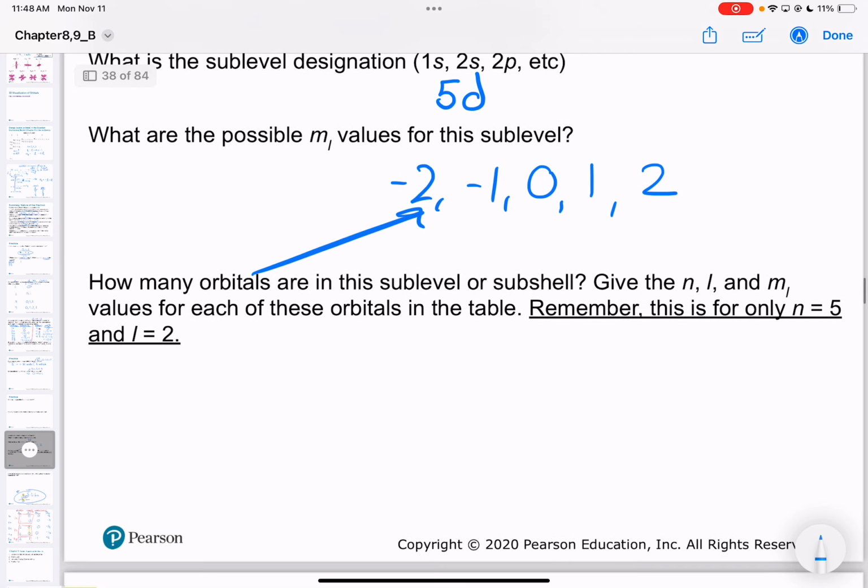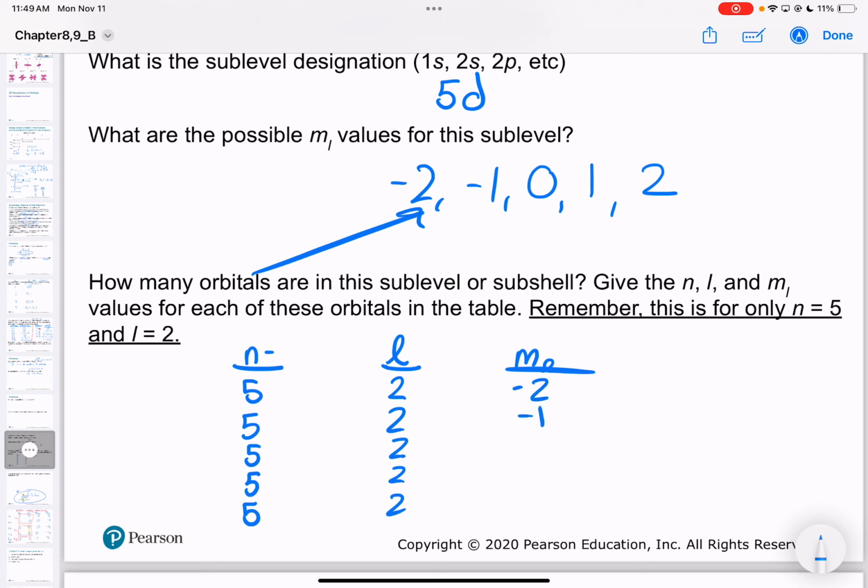And then it wants us to give all 3 of those quantum numbers for those 5 orbitals. Well, it's the same sublevel every time. So 5 and 2 for all 5 orbitals. And it's just the M sub L that changes: -2, -1, 0, 1, and 2. Again, because all 3 of these, that's what defines an orbital.